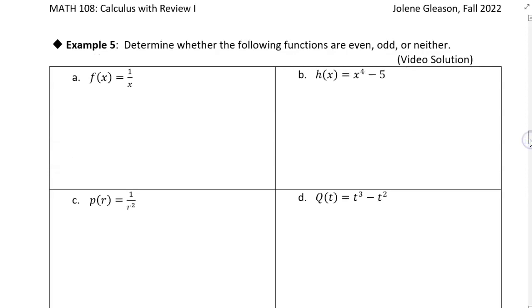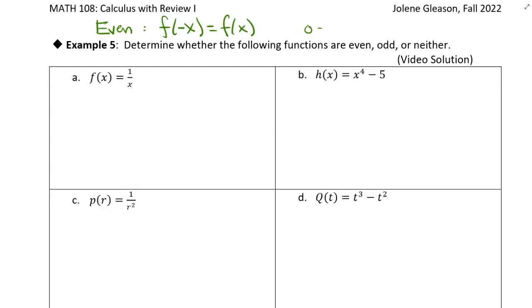So what we found before is that a function is even if f of negative x equals f of x. So we reflect it across the y-axis and it's the same function.